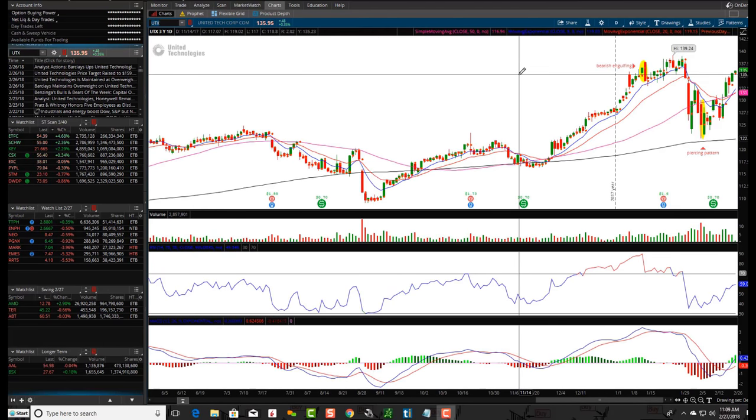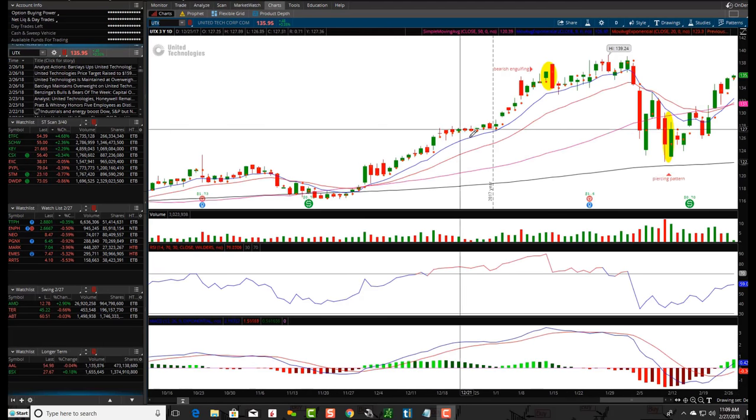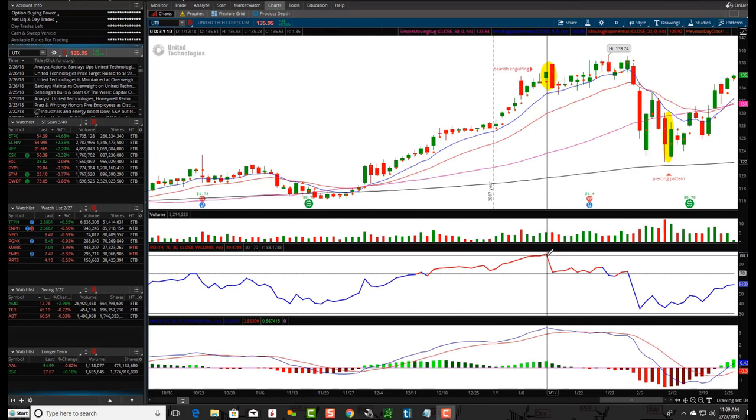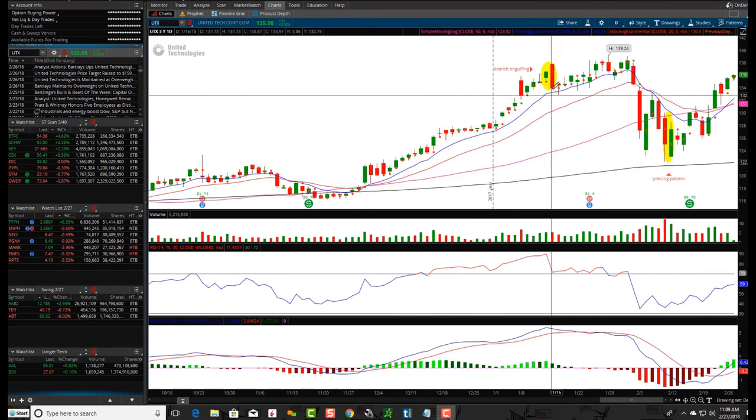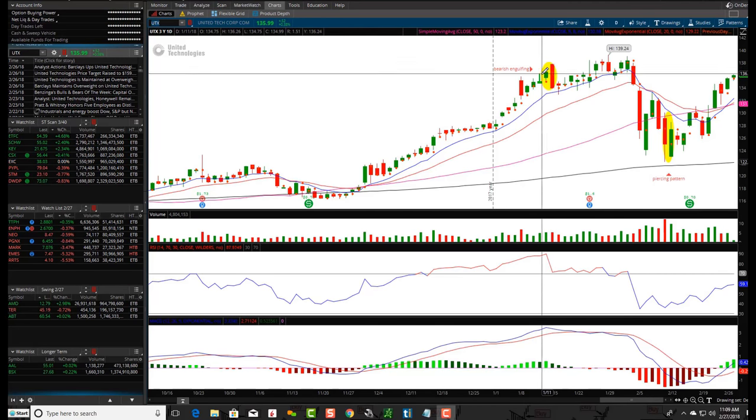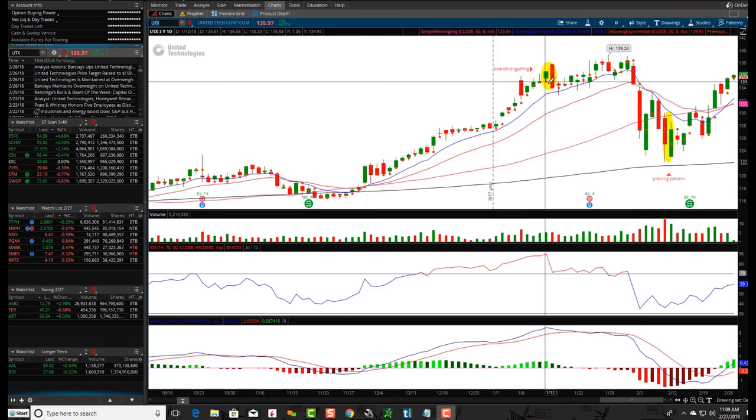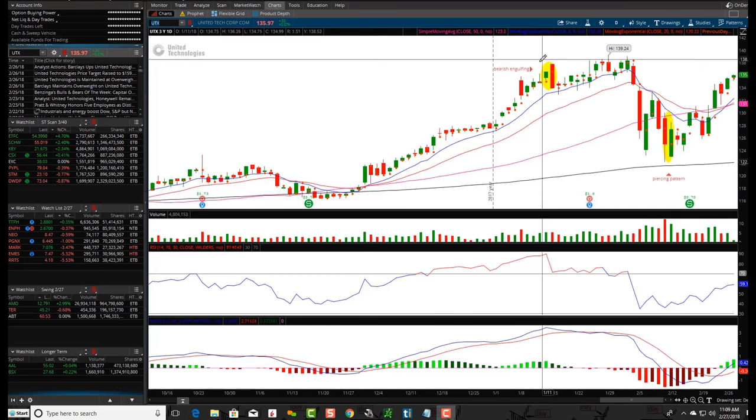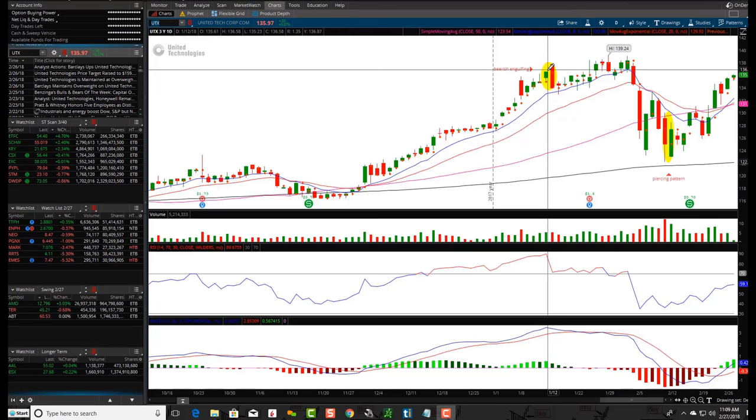All right, let's look at UTX. This is a really good looking one. Price overextended over here, really high up on RSI, really big up channel, big red engulfing candle, totally engulfed this green candle. This is perfection. Look at that. It basically just engulfed it.